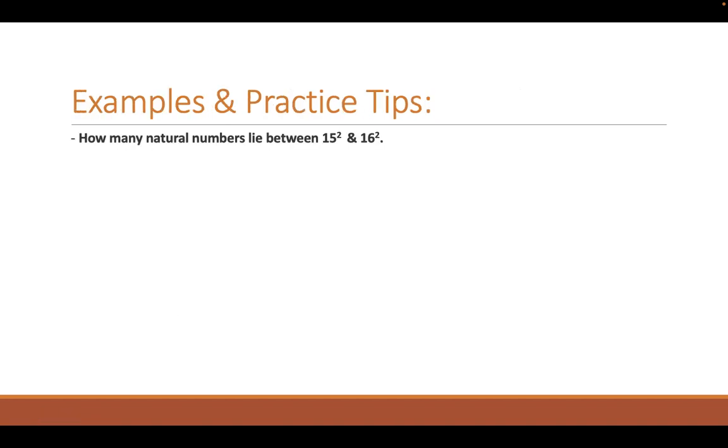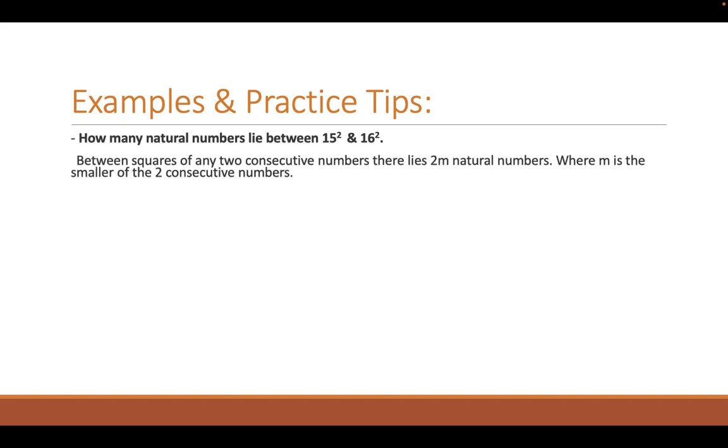Example: how many natural numbers lie between 15 squared and 16 squared? If you remember, in the properties of squares, we decided on a formula for this. So we use that formula here. Between the squares of any two consecutive numbers, there lie 2m natural numbers, where m is the smaller of the two consecutive numbers.